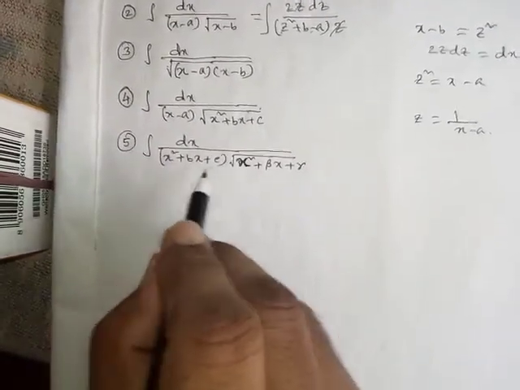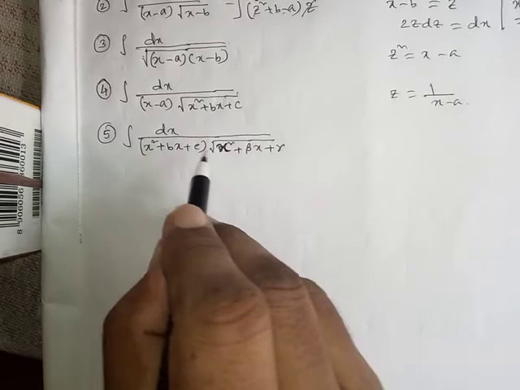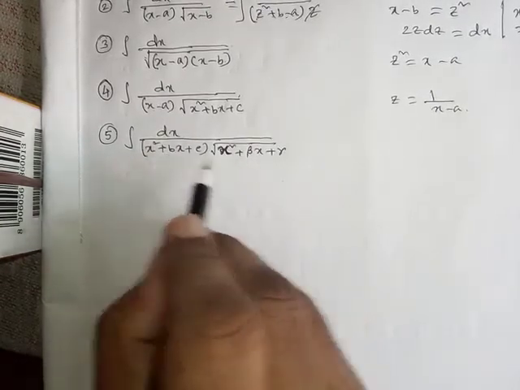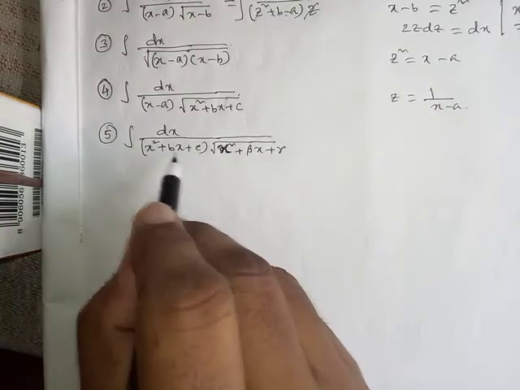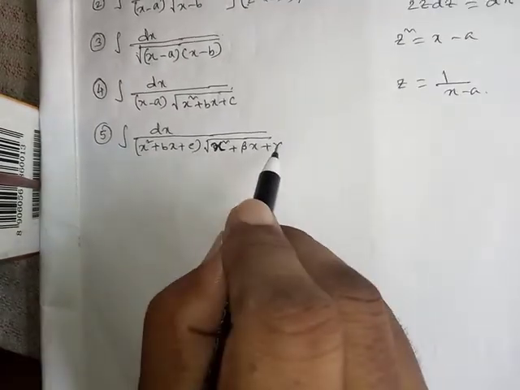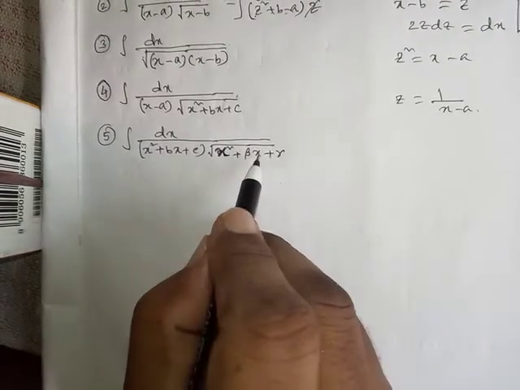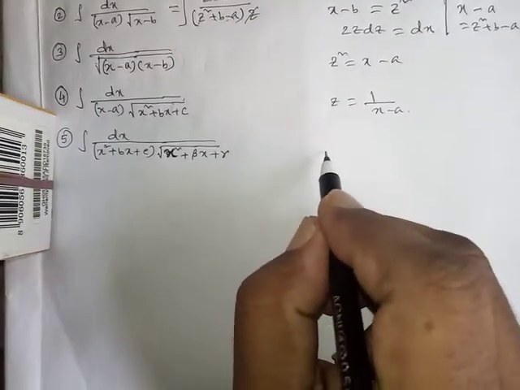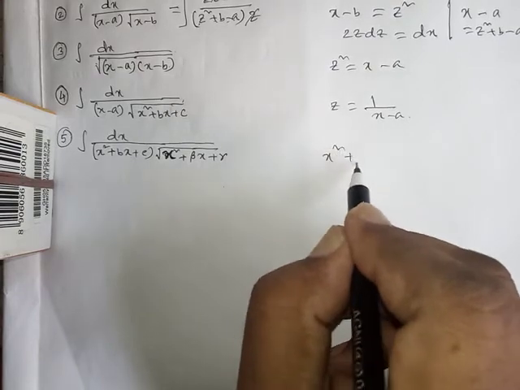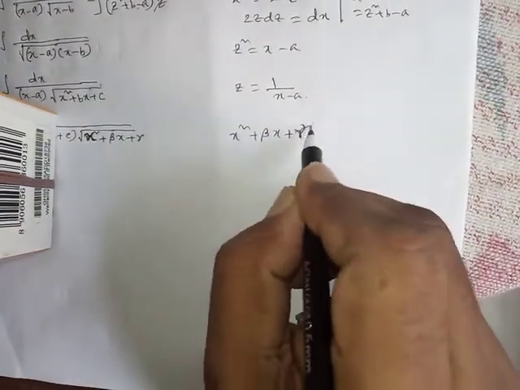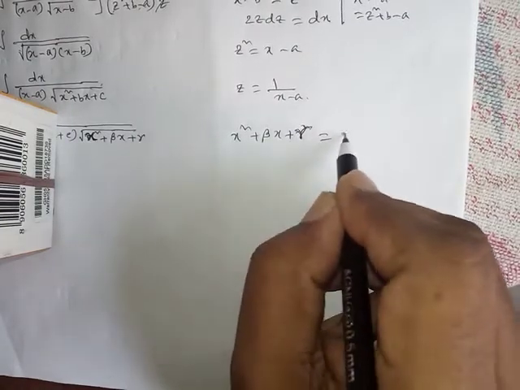Here in question number 5, both are heavyweights, one inside the jail, another outside, like Sunil Dutt and Sanjay Dutt. Inside the jail Sanjay Dutt is there, outside Sunil Dutt. He will try to rescue him, but as a result, x square plus beta x plus gamma is to be taken as z square.